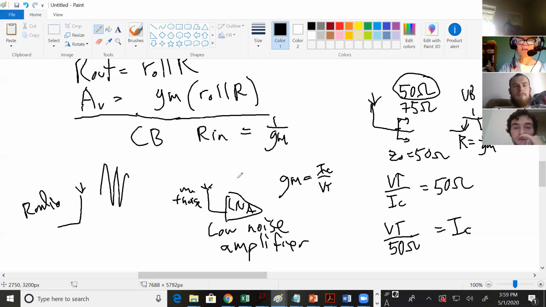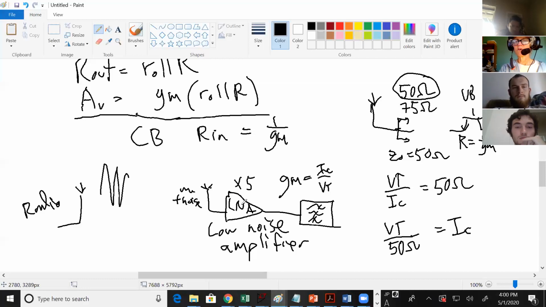So you need to amplify it up, and this could be a gain of 5 or a gain of 10, just enough so that when you put it through your filter, you'll still get your signal. And then you put it through a filter, whatever kind of filter you need. But a lot of times these low noise amplifiers are implemented with a common base or a common gate.